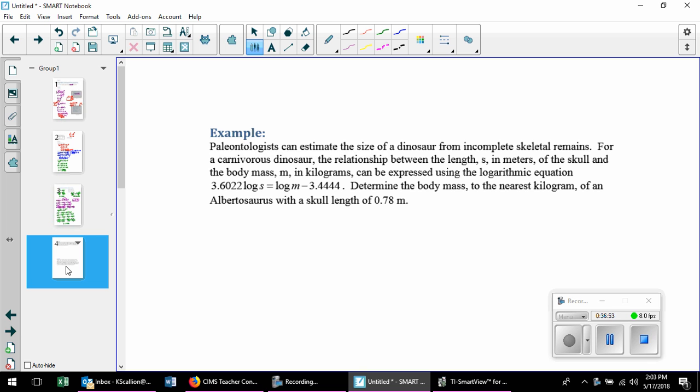Okay, so where does this go? Is that M or is it S? S. It's a skull length. So we're going to have 3.6022 log. What's the base on these logs? 10.